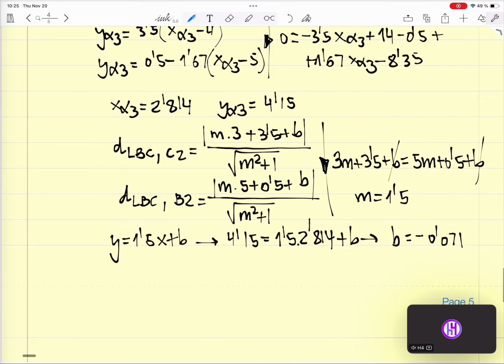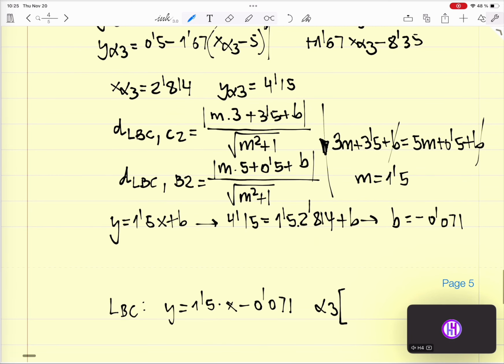As a result, the line separating B and C can be written as y equal 1.5 times x minus 0.071, and the alpha 3 equals 2.814 and 4.15.